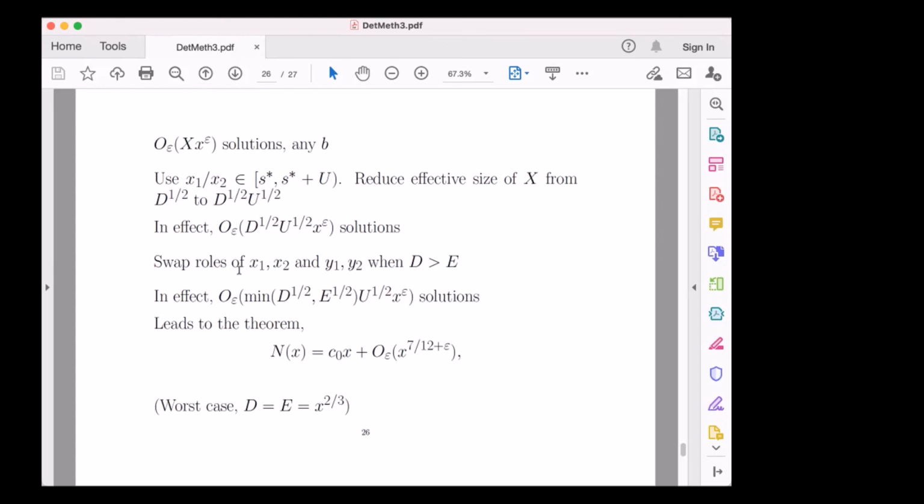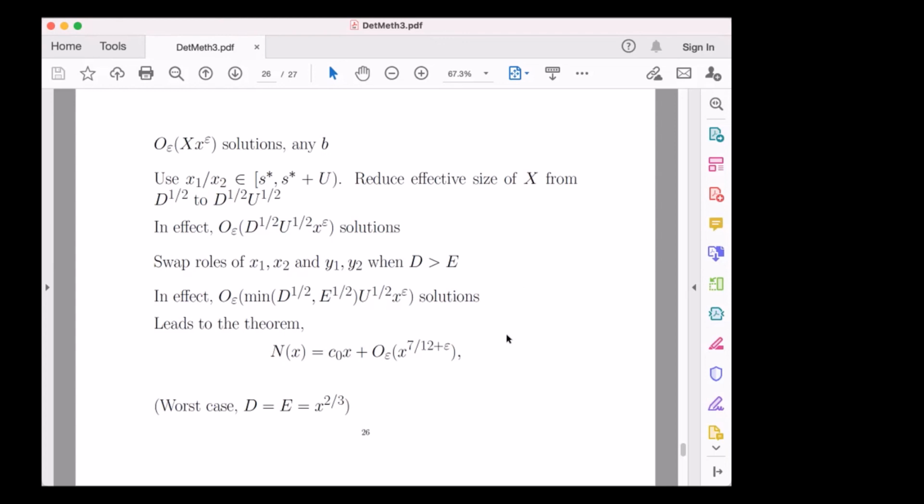You can swap the roles of x1, x2, and y1, y2 because the thing is bihomogeneous in both variables. And so the number of solutions is effectively this. And that then leads to the theorem I quoted. And it turns out that the worst case is when d and d are of the same size, x to the 2/3.